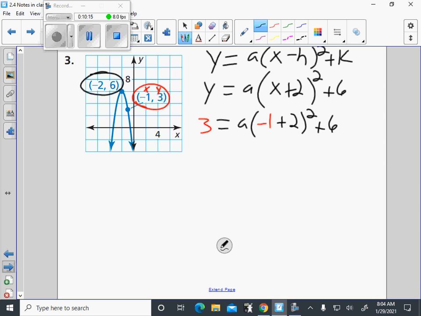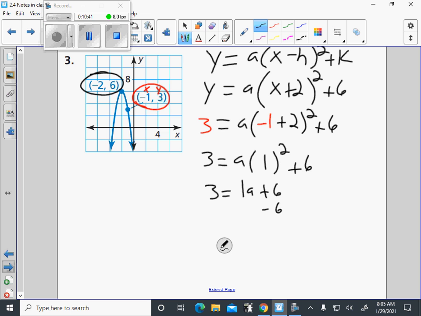Okay, now I'm going to solve for a. I get 3 equals a times, what's negative 1 plus 2? Which is a positive 1 squared plus 6. Okay, what's 1 squared? It's just 1, right? So I can say y equals 1a, because 1 squared is just 1 times a, 1a, plus 6.